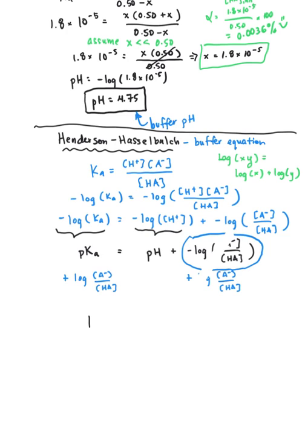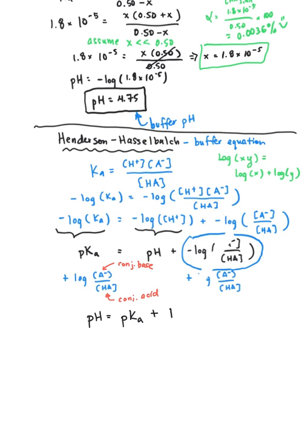And what we'll end up with as a final result is this. The pH of a buffer is equal to pKa plus the log of the concentration of A minus, which is the conjugate base component of our buffer system, divided by the concentration of HA, which is the conjugate acid component of our buffer system.